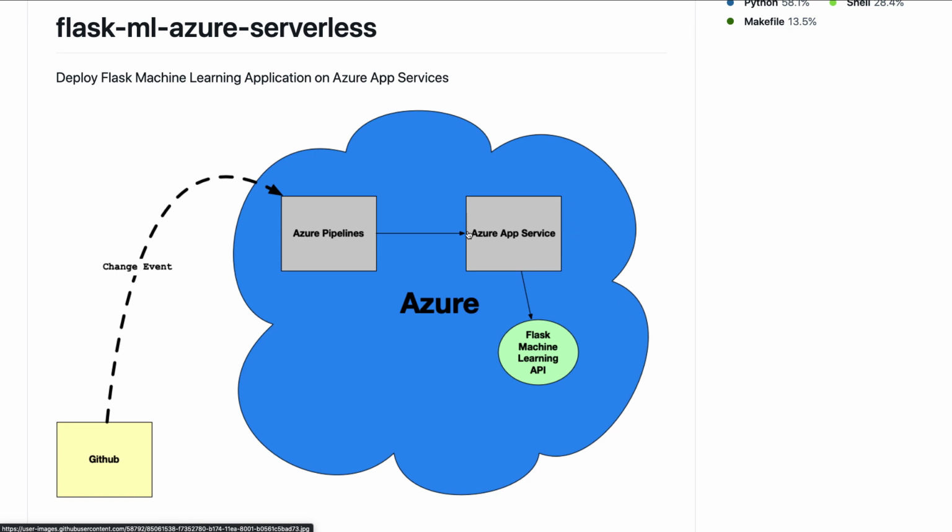And then I could have a platform as a service offering called Azure App Services just kind of sit there and listen for when changes happen, and then it can automatically deploy my changes. And so what's great about this is I don't ever have to manage servers, spin up virtual machines, set up networking. It's all managed at a high level by this ecosystem.